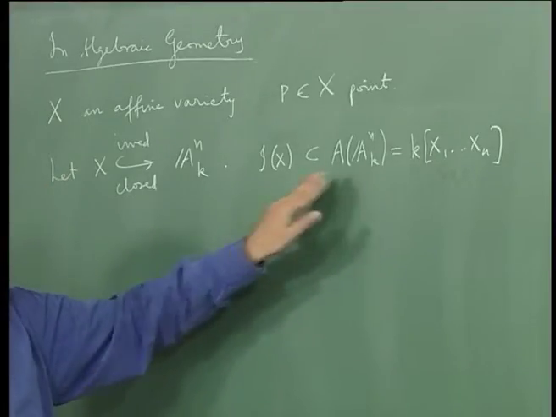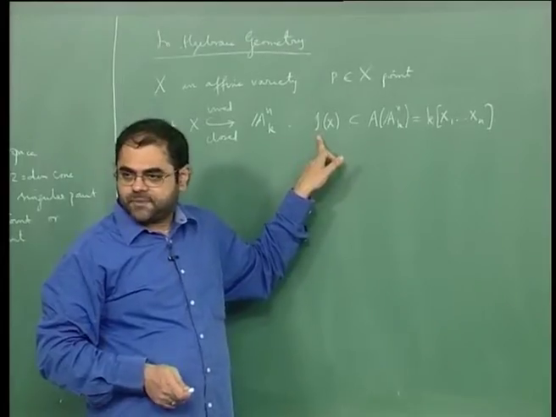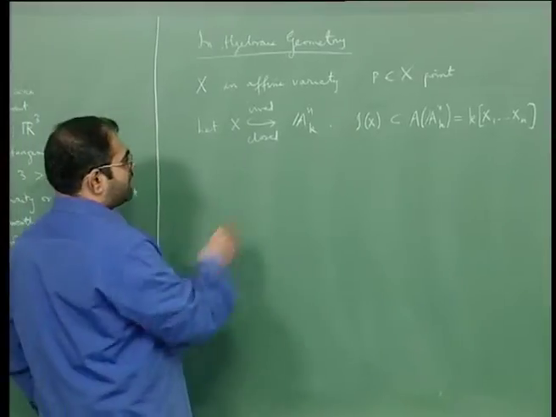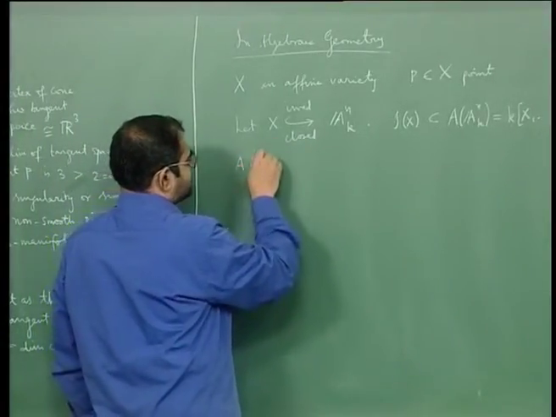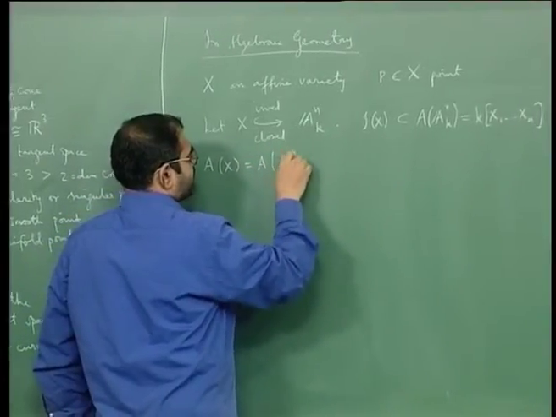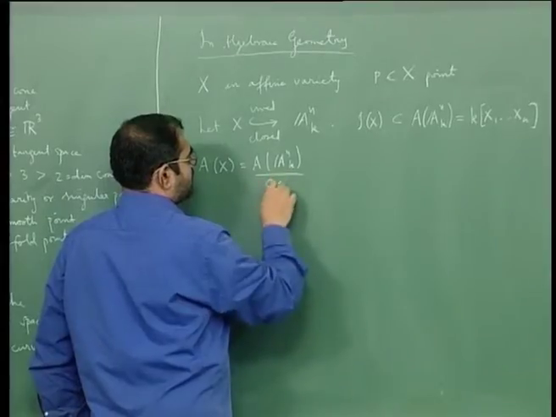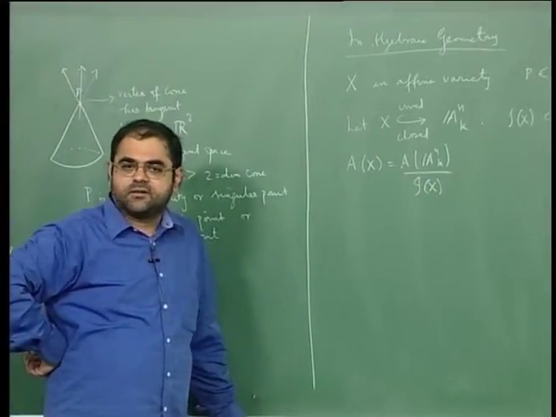X is an irreducible closed subset, so it corresponds to a prime ideal, I of X. The affine coordinate ring of X is given by the polynomial ring mod the ideal of X. It is a finitely generated K-algebra which is an integral domain.